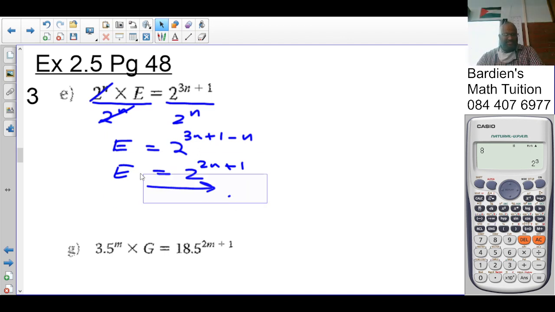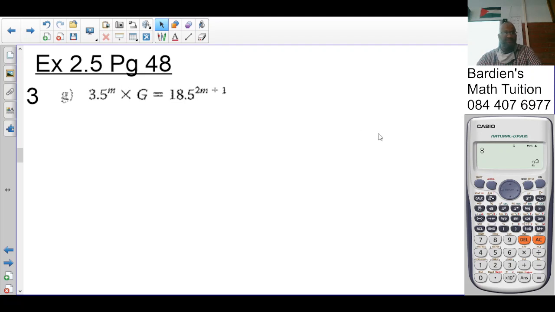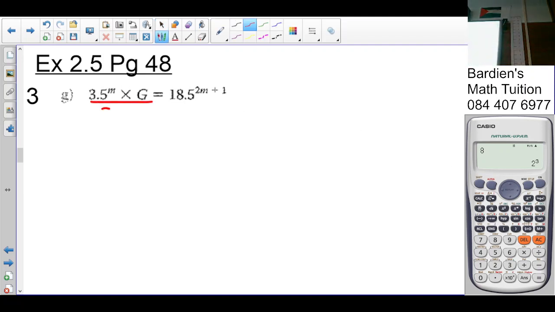So let's apply the same idea to G. How do I get G on its own? We divide by 3 times 5 to the n. That cancels.